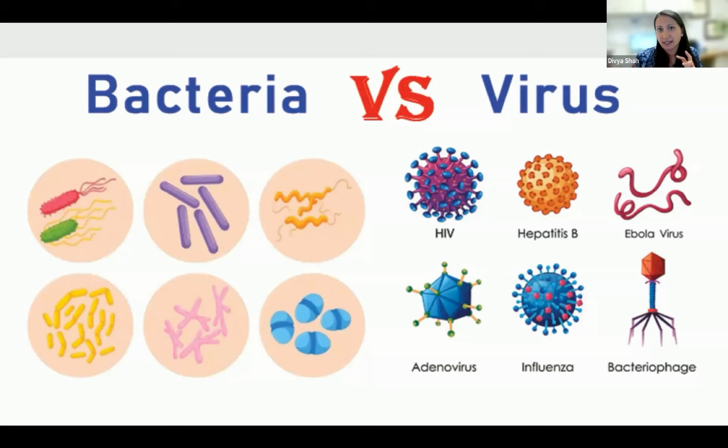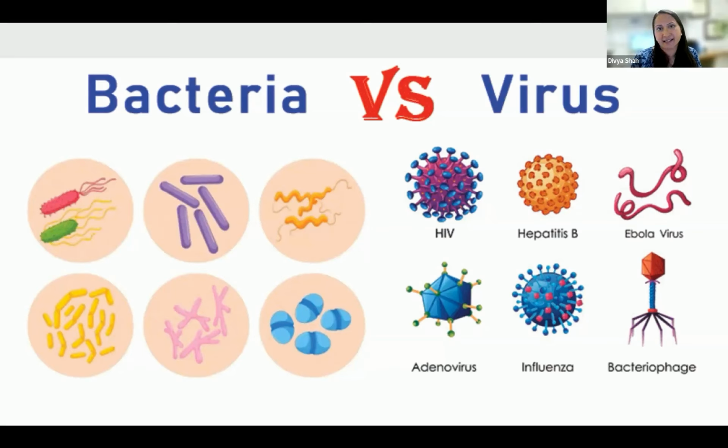And finally, the types of illnesses that bacteria and viruses cause are very different. We'll go over some of the bacterial illnesses that common organisms can cause. But some of the viruses that we see on the right, these are viruses you may or may not be familiar with. Looking at the middle bottom, you see influenza, which is the common flu. That is a virus.